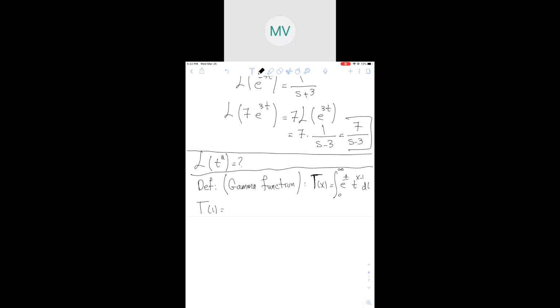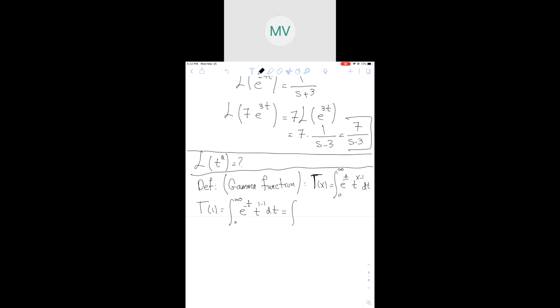Okay, so what does that mean? That means in this setup, x is 1. If x is 1, you have 0 to infinity, e to the negative t. So I'm plugging 1 for x. It's going to be t raised to 1 minus 1 dt. And let me erase this guy so you don't have to wonder what it says later.